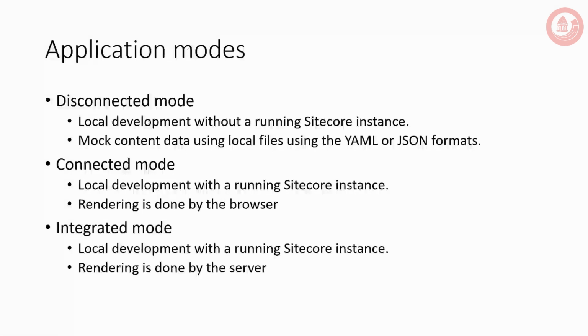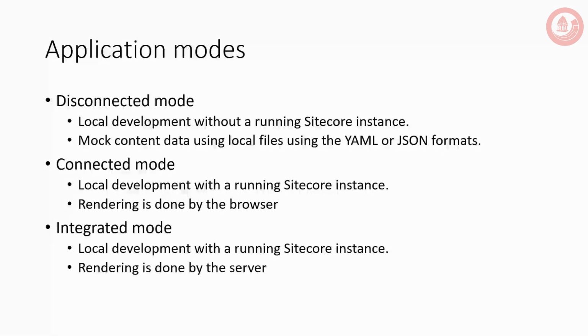Application modes, I'll just quickly run through. Disconnected mode, we just saw, is what front-end developers prefer, where it's code first. Connected mode is more like Sitecore first, where everything comes from the Sitecore instance and is rendered by the browser. Integrated mode is pretty much similar to connected mode, but all the work is still done by your server.